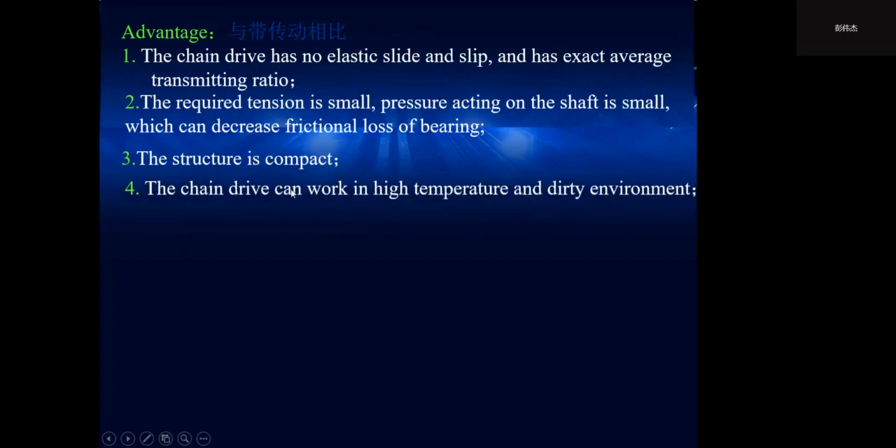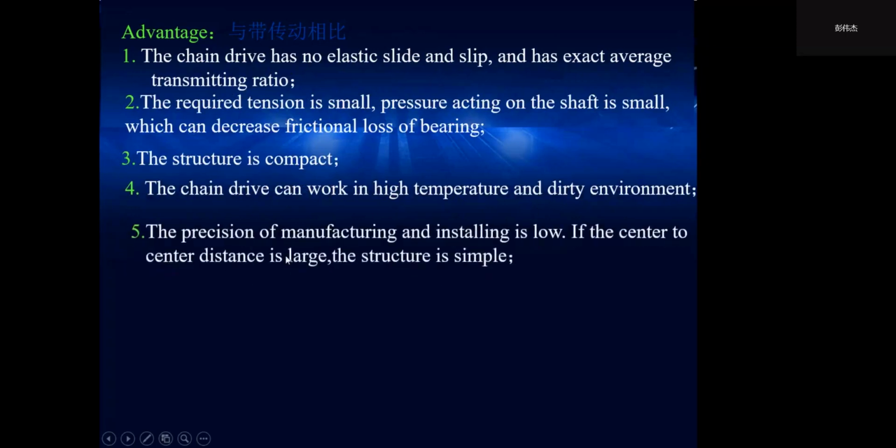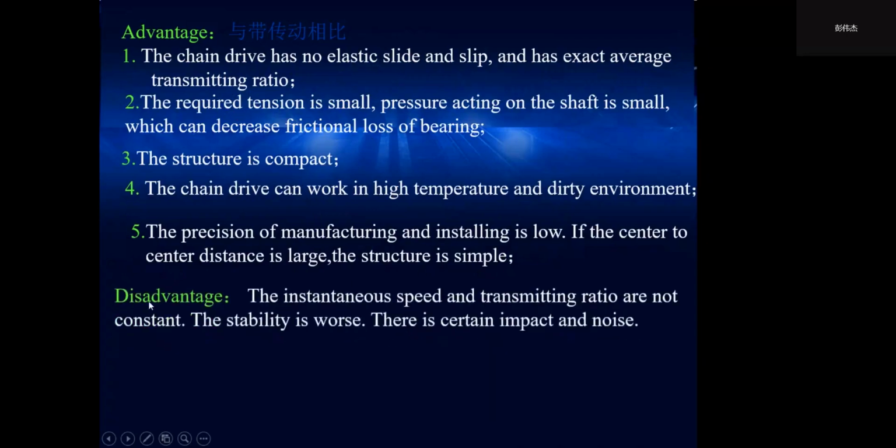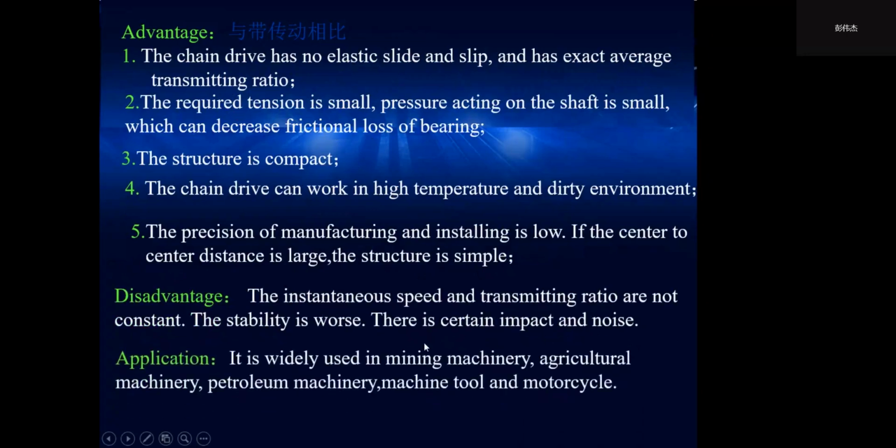The structure is compact, can work in high temperature and dirty environment, and the pressure is low. And this is the disadvantage of chain drive. There is impact and noise.